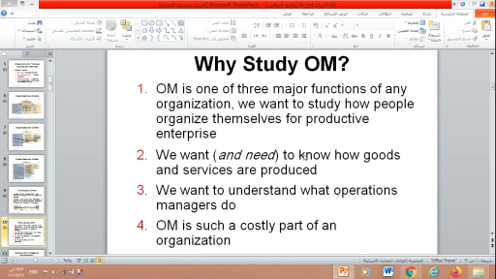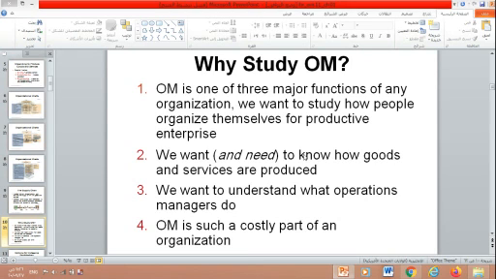So why study operations management? As you know, operations management is one of the main and basic functions of any organization in order to survive and to provide its products and services more efficiently and effectively. So we want to know and study how people organize themselves in order to provide us products or services.